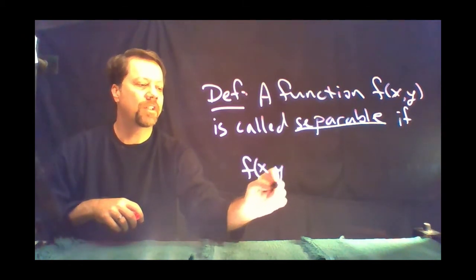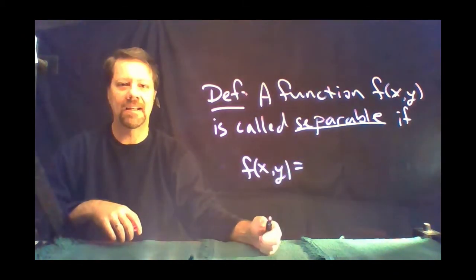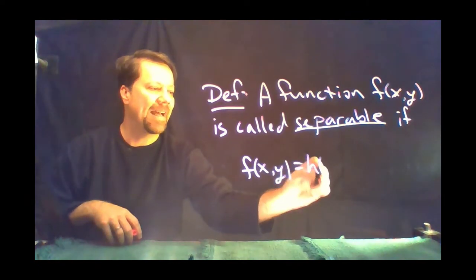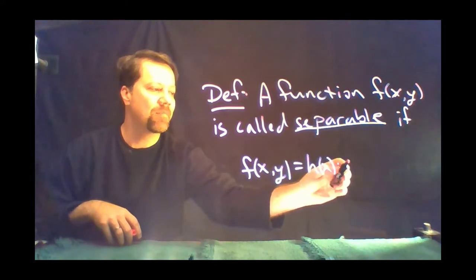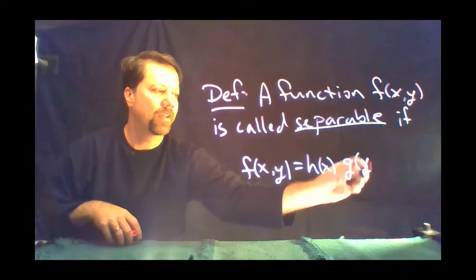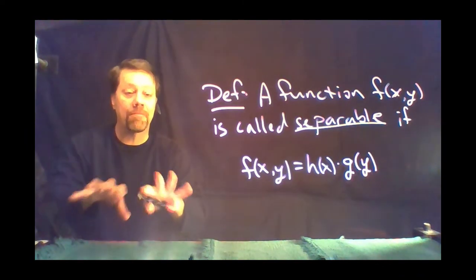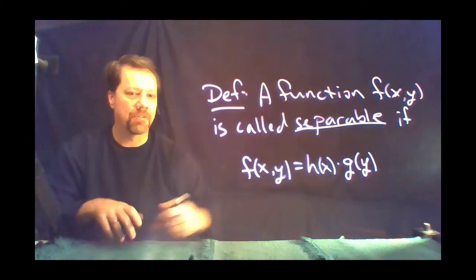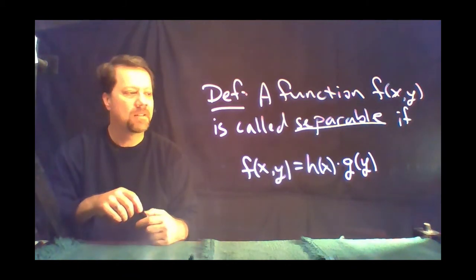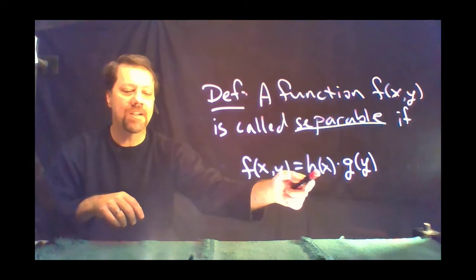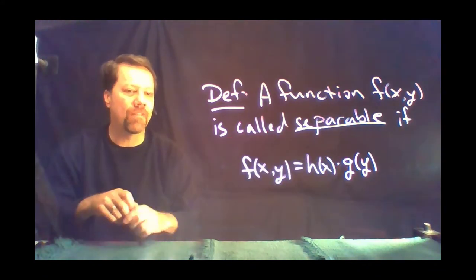The function can be expressed as a function of x times a separate function of y. So you can separate the variables into separate factors. Factors, you'll recall, are multiplied together. So you'll have all of the x's here times all of the y's.